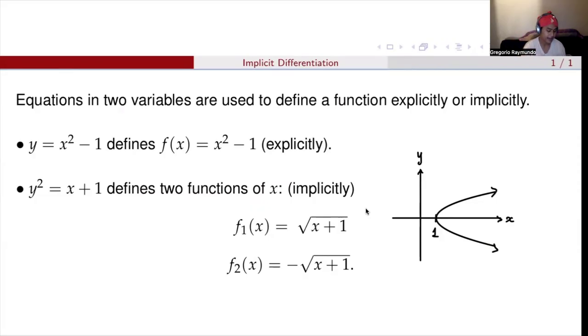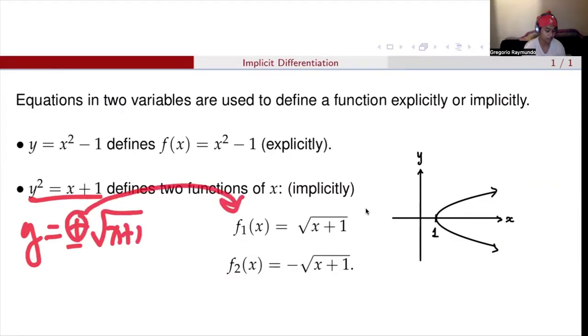Namely, the first function is f1 of x, that would be square root of x plus 1. And the other one, f2 of x, would be negative of square root of x plus 1. It came from y is equal to plus or minus square root of x plus 1. Positive yung f1, negative yung f2.